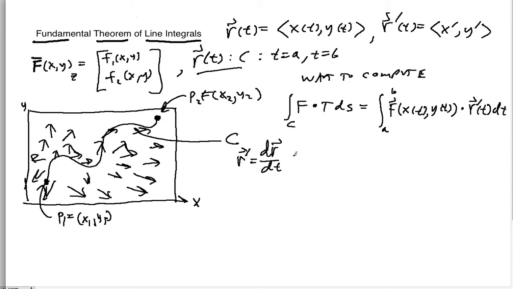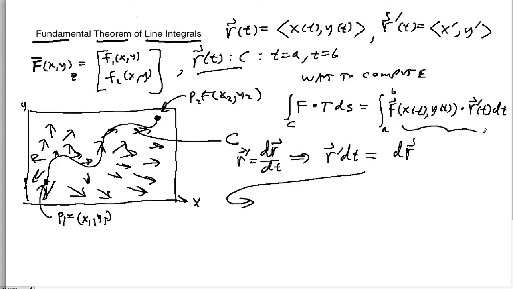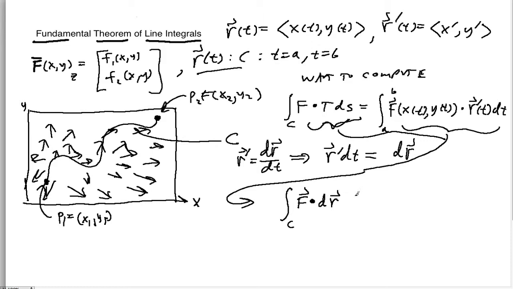And so notationally, we can rewrite r prime dt as what we'll call dr. And so a third representation of our line integrals is to write it as the integral over the path C of F dotted with dr, where now our differential is a vector differential. And that's just a different way to write the same integral.